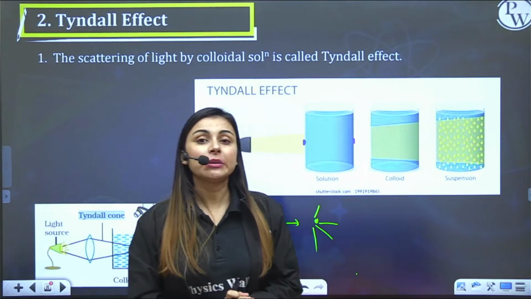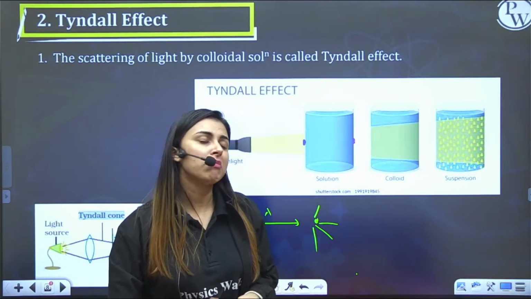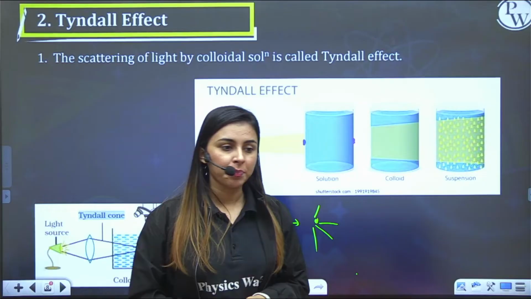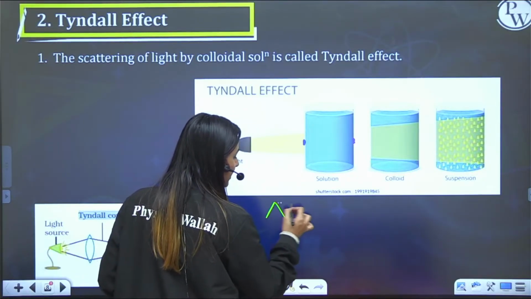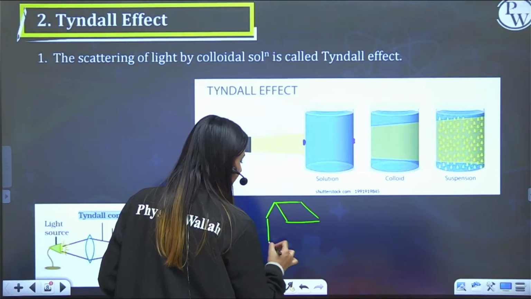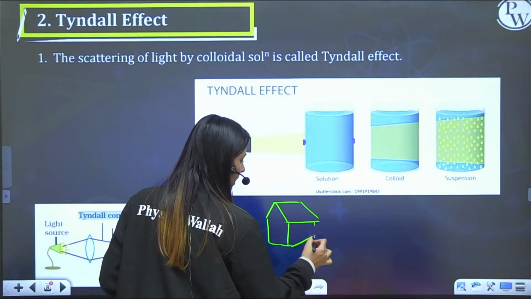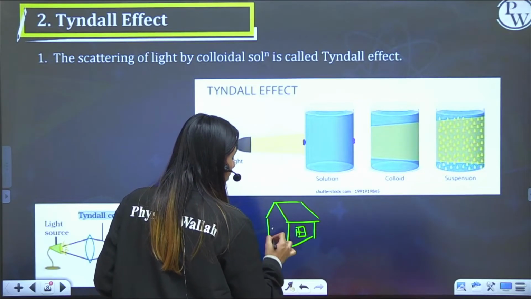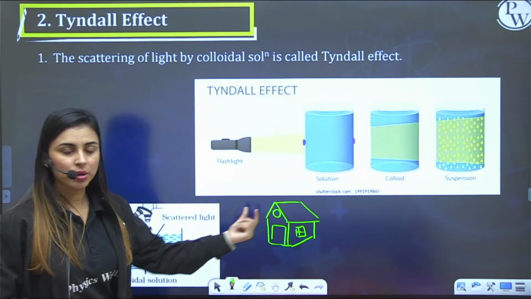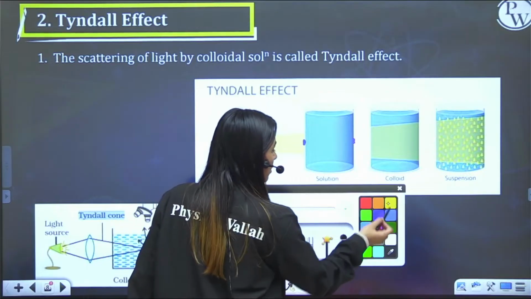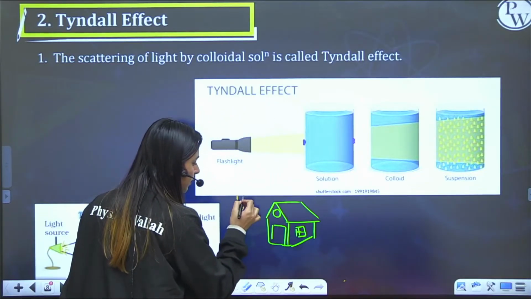Now let me give you a very live example which you might have seen someday or the other. Let's imagine that you have a house something like this. Let's talk about this window, and you have the sun here.